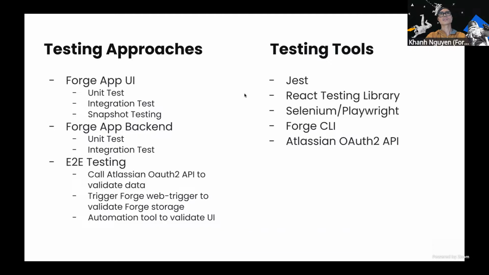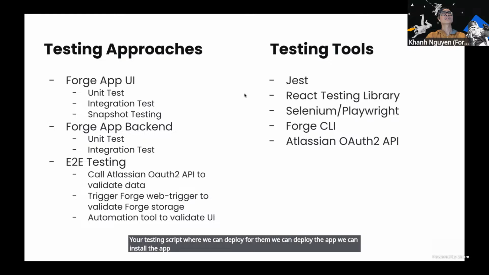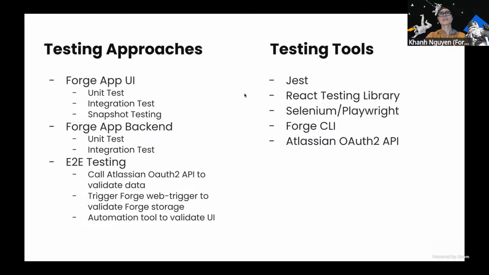And last but not least is the Atlassian OAuth API. This one is actually quite powerful, and I think Tobias just asked a question about how we can set up the data. Right now, it's quite interesting.